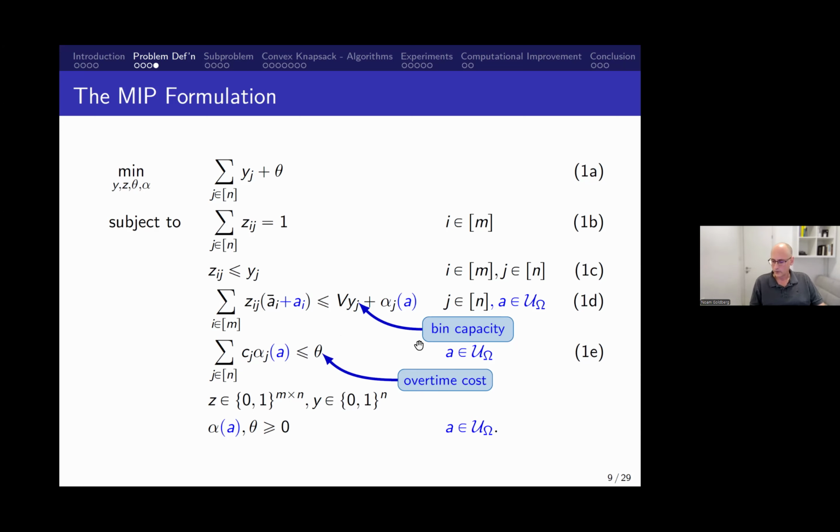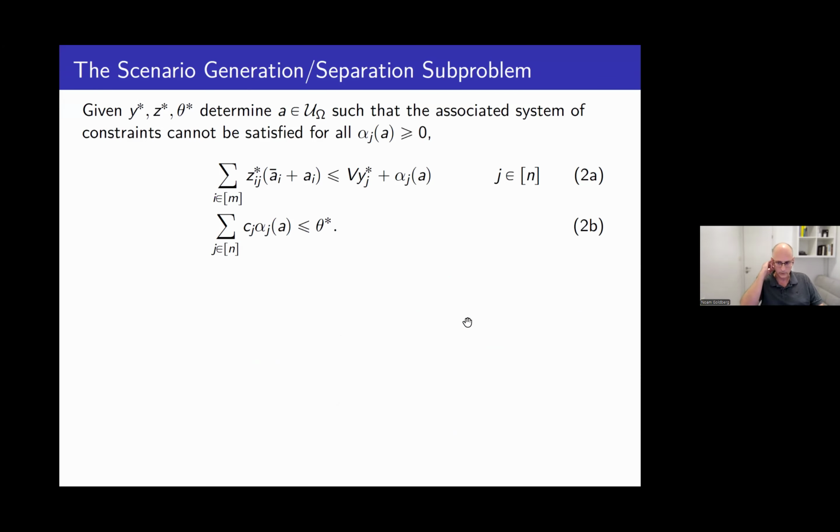So we have many such bin capacity and overtime cost constraints, and what we'd like to do is generate these. Okay, so this would be our row and column generation approach.